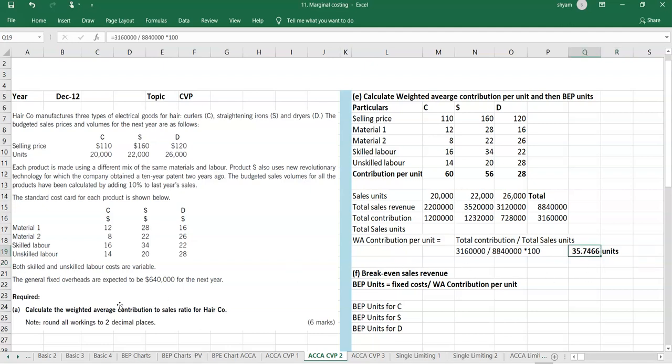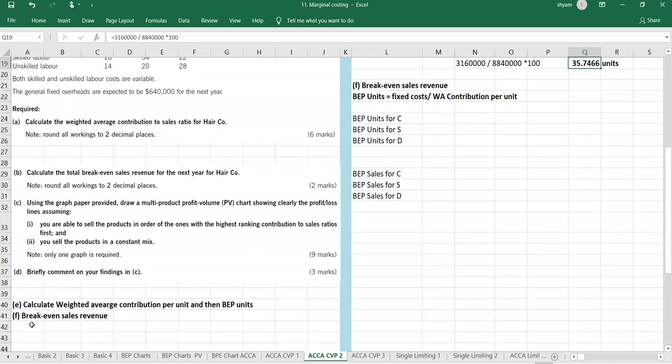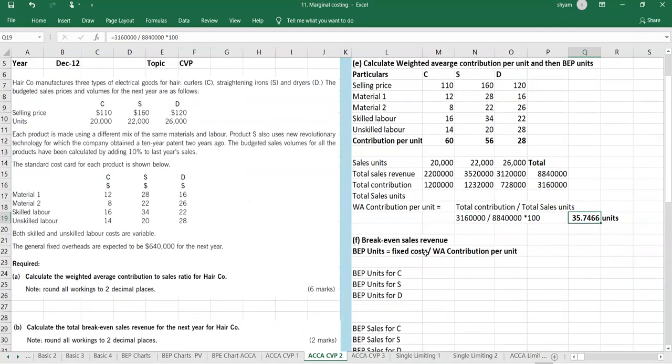Now he wants us to find out the break-even volume. What's the break-even sales volume? Yes, he wants us to find out the break-even sales revenue, so we'll find it out. Get the fixed cost.